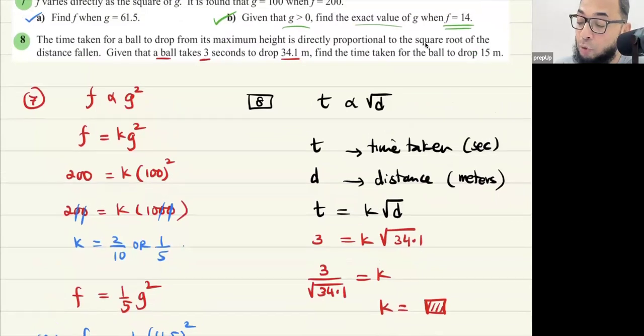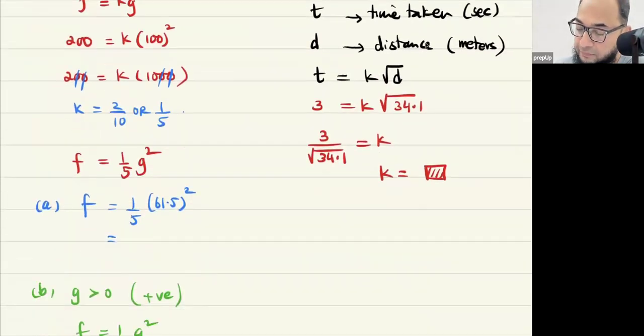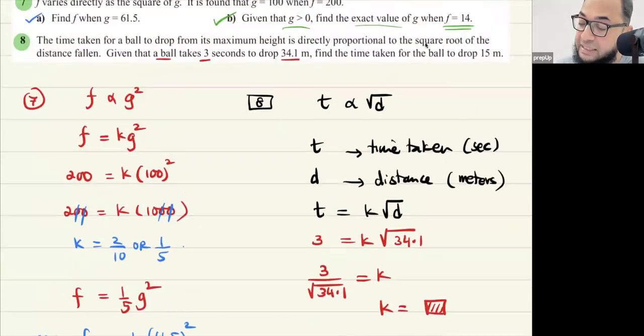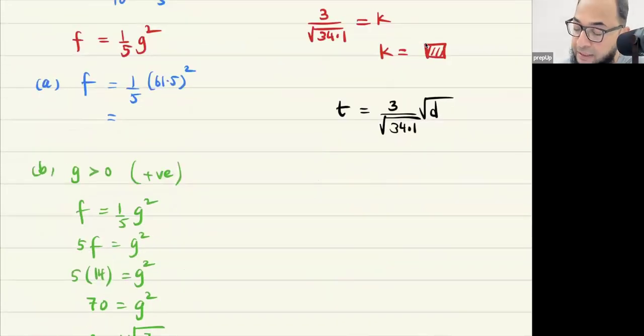Find the time taken for the ball to drop 15 meters. So now the equation is t equals 3 over square root 34.1 multiplied by square root of d. Now for the ball to drop 15 meters, t is equal to 3 over square root 34.1 times square root of 15.